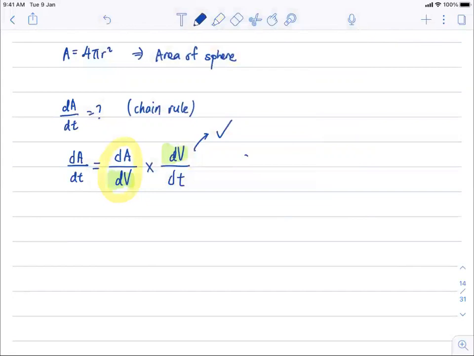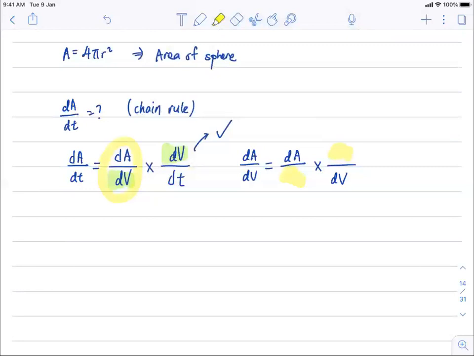So what is dA over dV? Again, we write something multiplied by something. We need to fill in something over here and something over here.